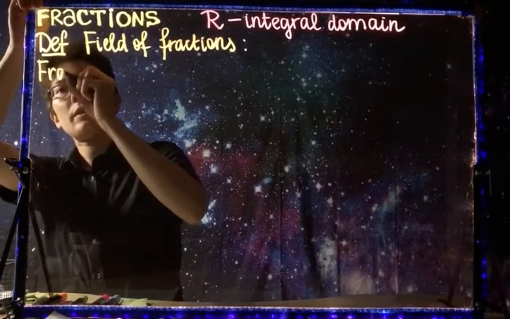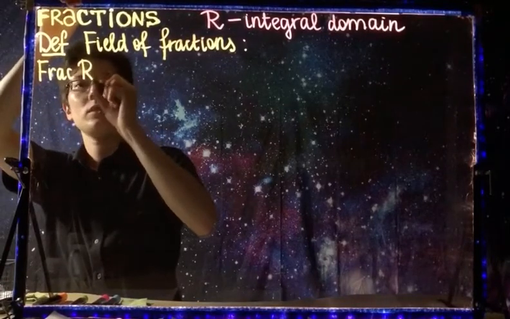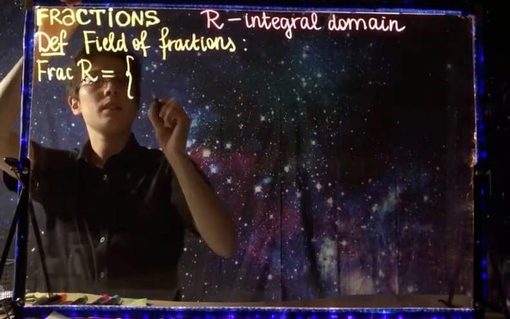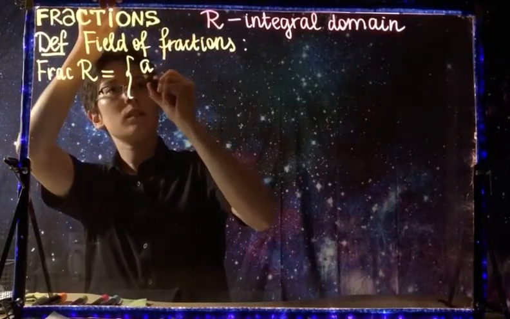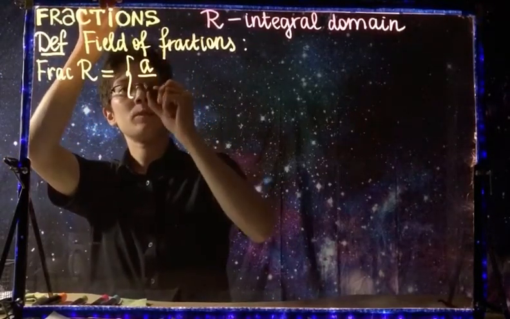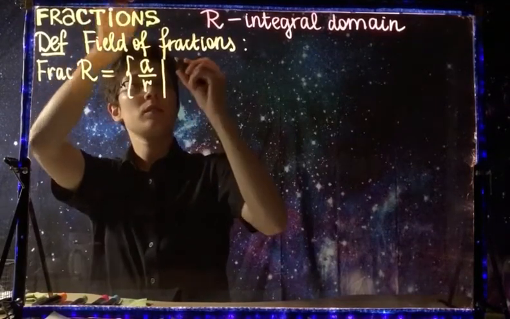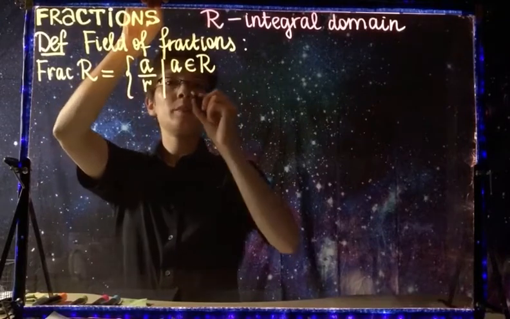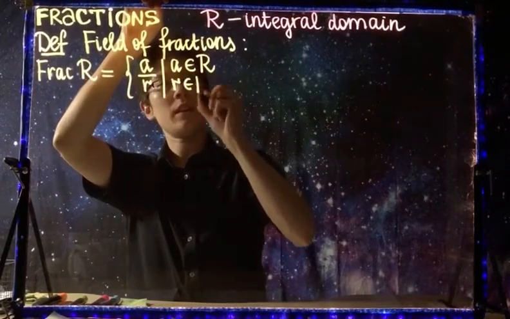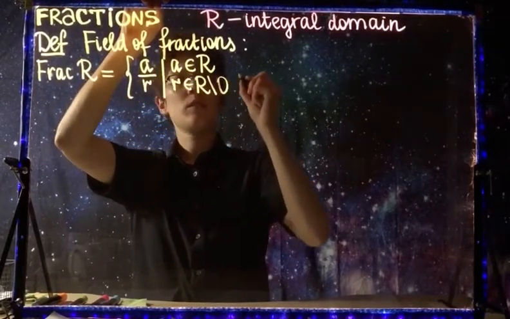It is denoted by Frac R, and as a set, it is defined as pairs A over R, where A is an element of R and R is a non-zero element of the ring.